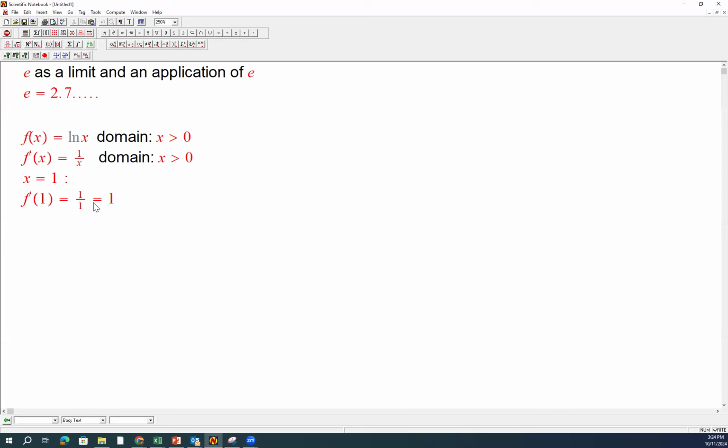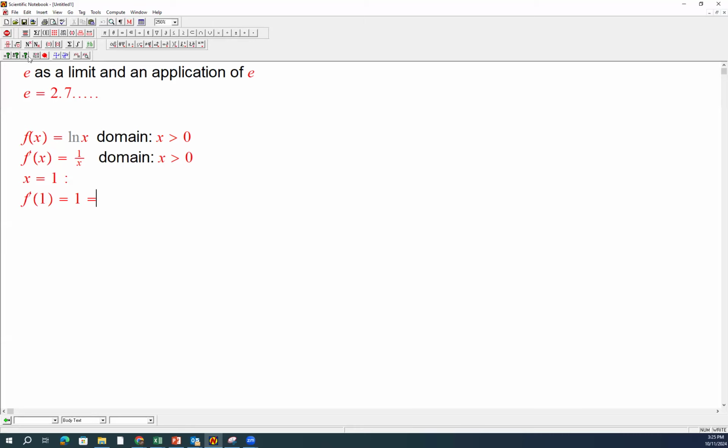We're going to make use of it and derive something that eventually leads to e represented as a limit. So here it comes. The derivative of ln x at 1 is equal to 1.